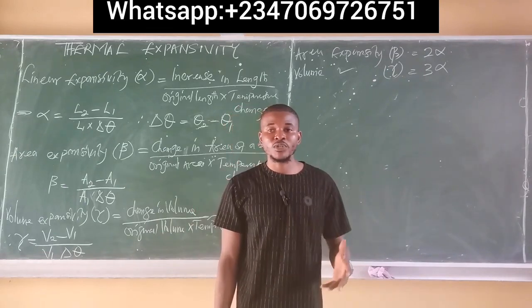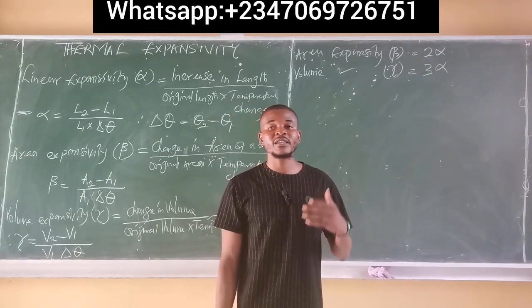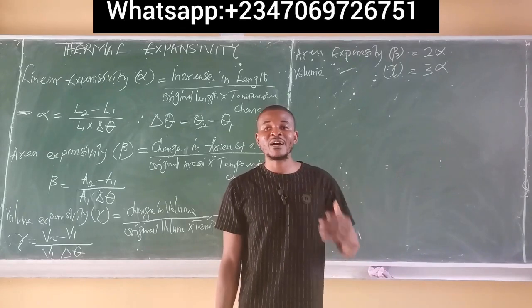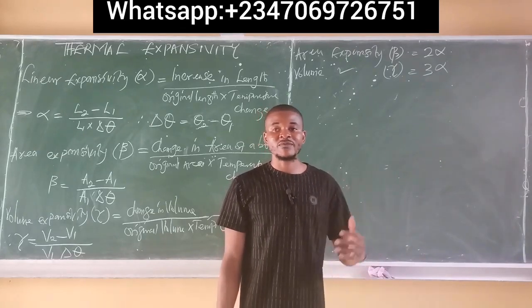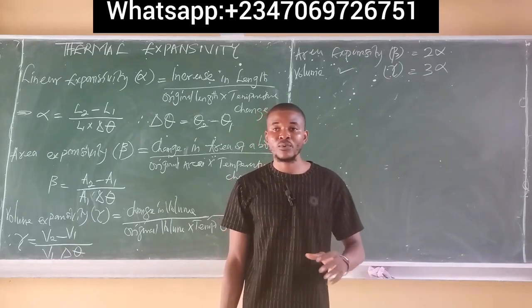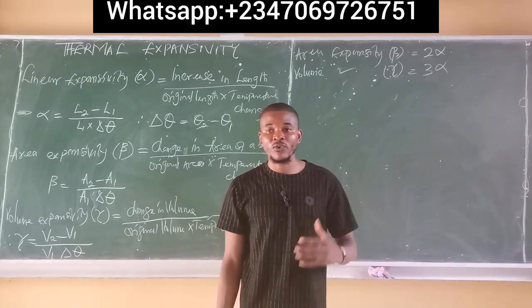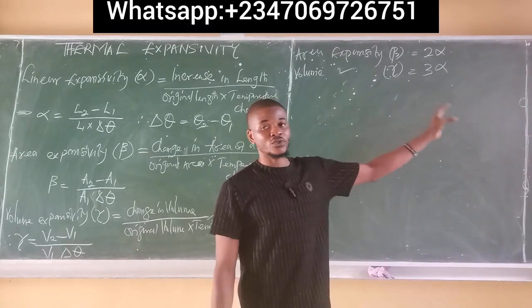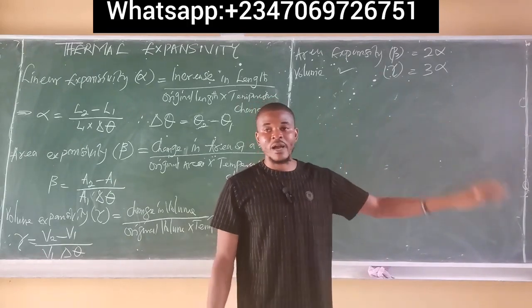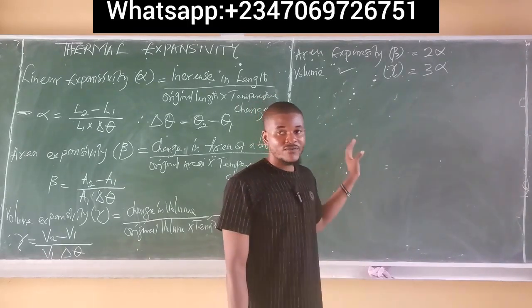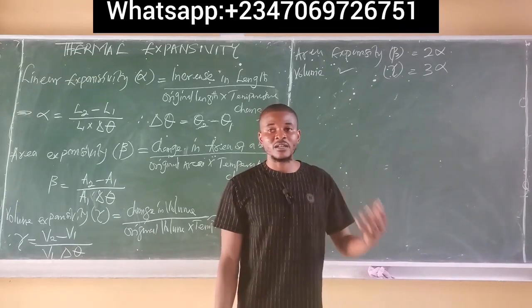So if you're given a question which carries only the linear expansivity, but you're being asked to find the area expansivity or the volume expansivity, it is as simple. You can always find the coefficient of area expansivity and the coefficient of volume expansivity using this relationship.